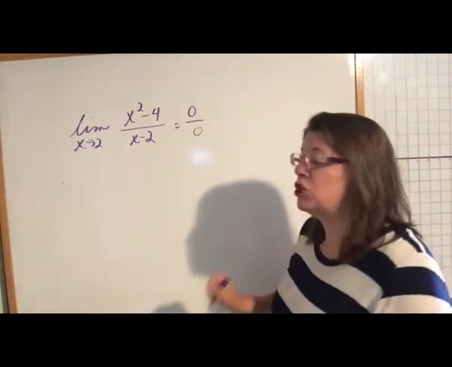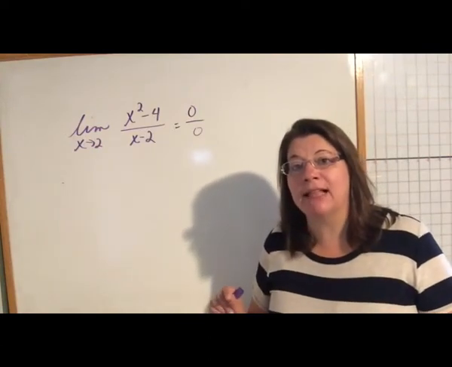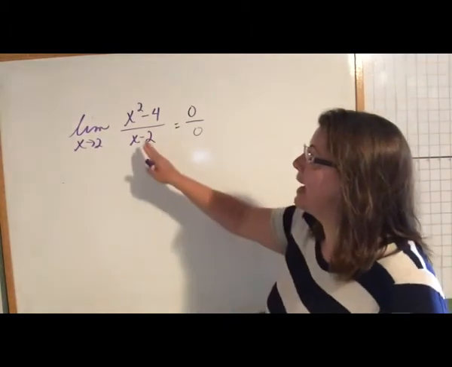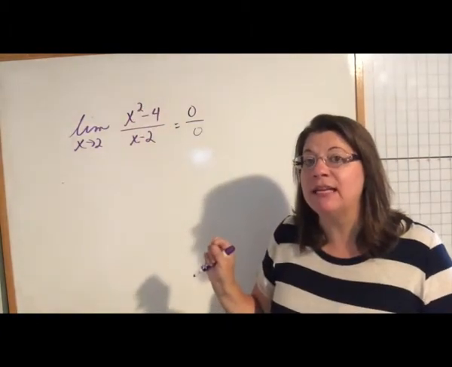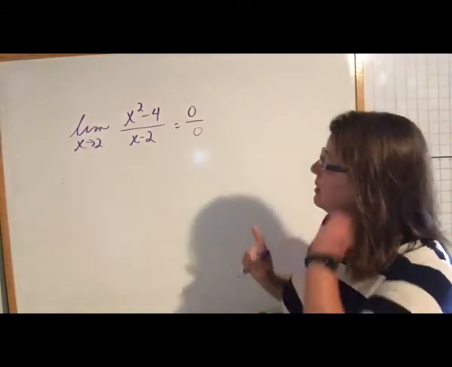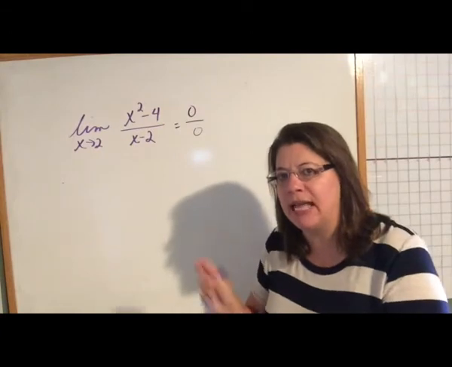The first thing I'm going to do is factor and see if I can get anything to cancel out. Because if I can simplify the function that they give me, then my math is going to be a lot easier to do.